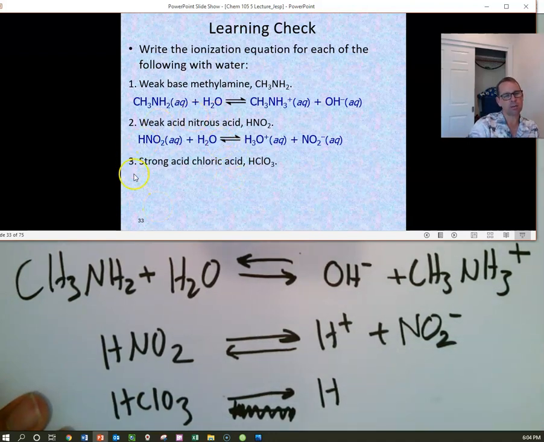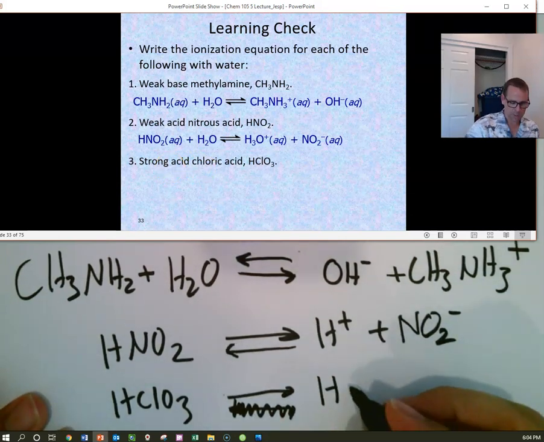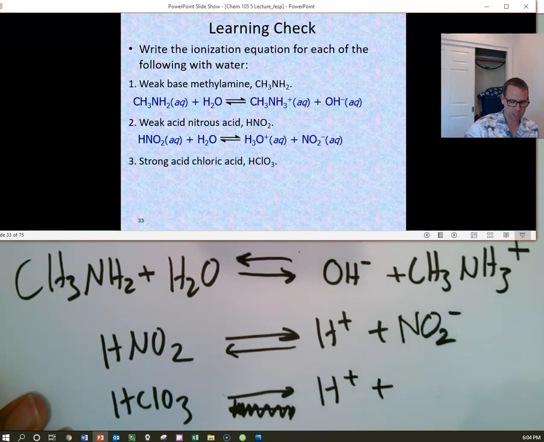So I should have just written one arrow. H with a positive charge, right? And then ClO3, and that's going to be a negative charge. Very good. Excellent.